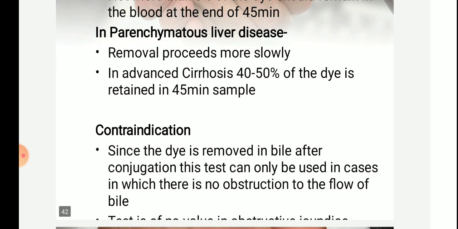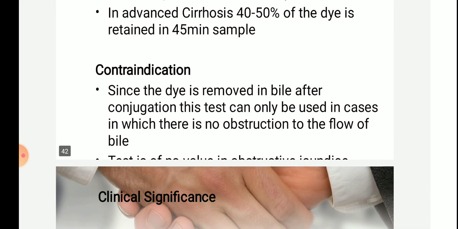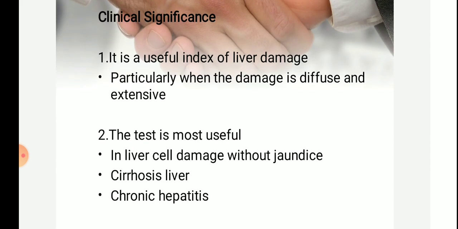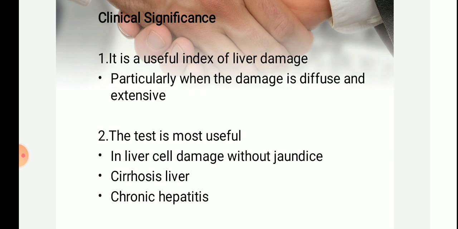Contraindications. Since the dye is removed in bile after conjugation, this test can only be used in cases in which there is no obstruction to the flow of bile. Clinical significance. It is a useful index of liver damage, particularly when the damage is diffuse and extensive.